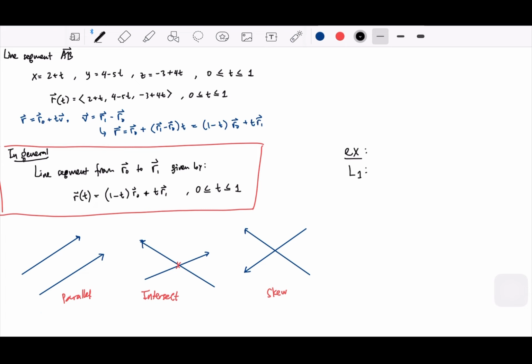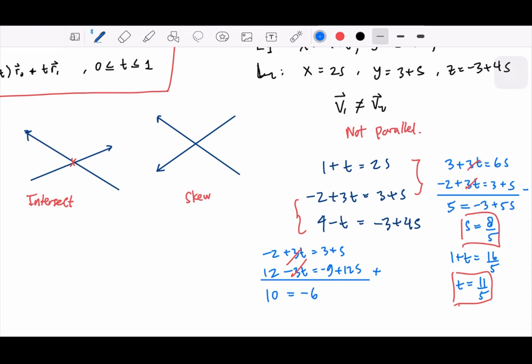But when we solve the second and third equations, let's multiply the second one by 3 and add both sides. Adding this, we get 12, 10, minus 6 plus 13s.